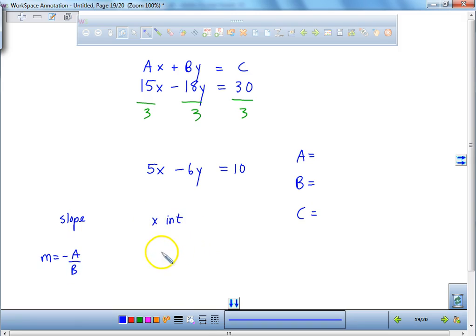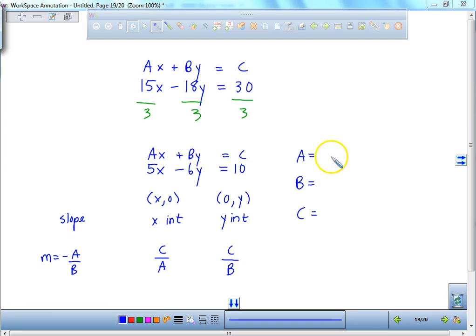Remember, your x-intercept is the c value divided by the a value, and it's always when y is 0. And then find your y-intercept, which is your c value divided by your b value, and it'll always be 0, comma, y. ax plus by equals c.